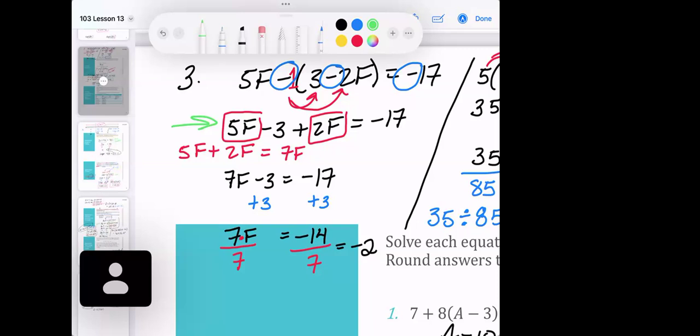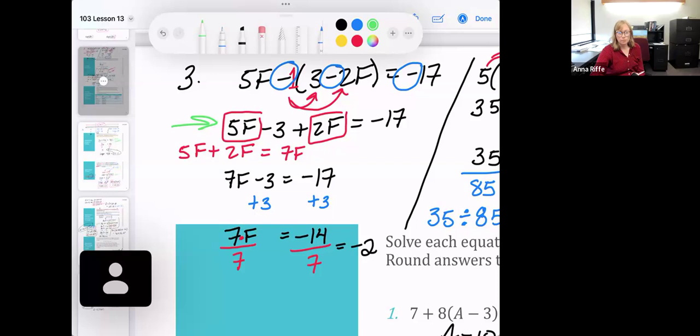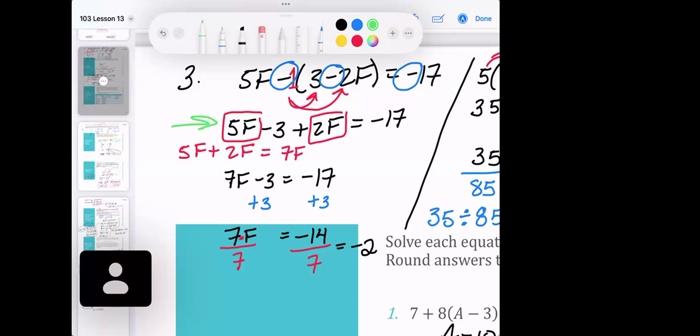Yeah, but what I'm saying is, so you did the multiplication. Well, it's multiplication and the parentheses, which is kind of what you did at the beginning.